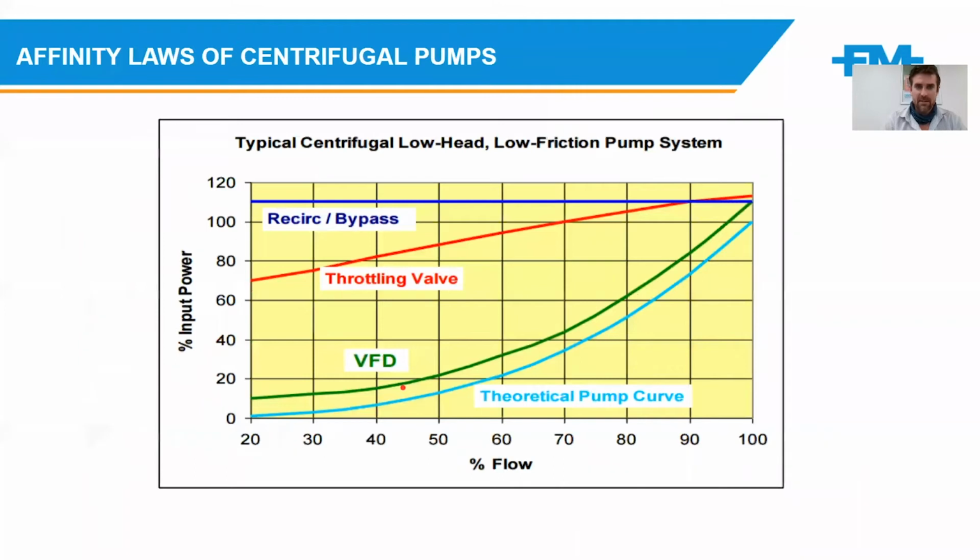So if you take a look at the pump curve or a theoretical pump curve of that of a throttling valve versus a VFD, you'll notice that the VFD follows the theoretical pump curve much closer than that of a throttling valve. So if you're operating at your highest efficiency point of the pump, it wouldn't make any difference really if it's running through a direct online system or a VFD, if the pump is operating at 50 hertz all day, every day.